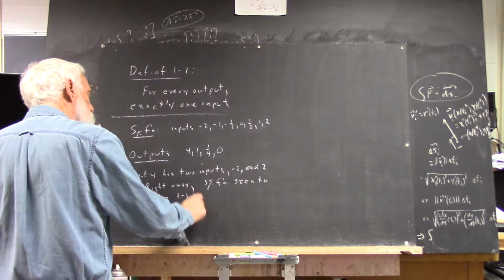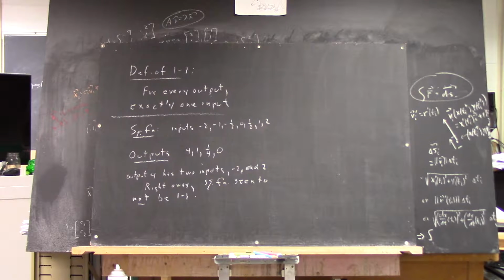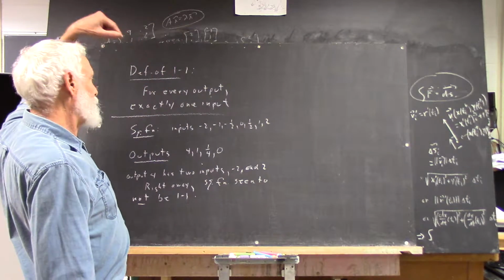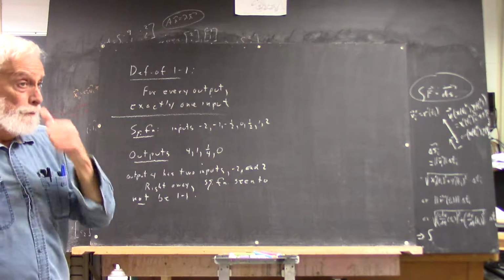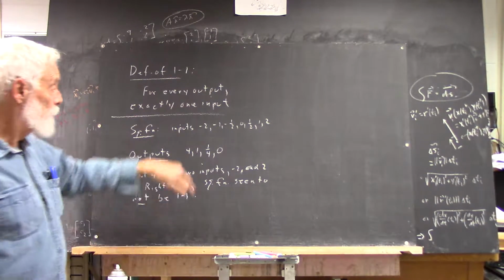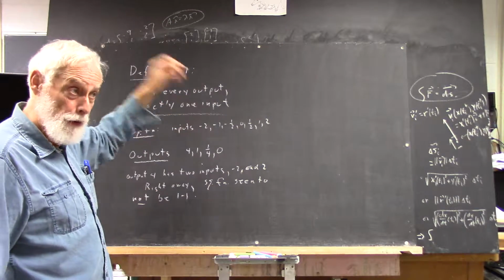It's seen to not be 1-to-1. Because in order to be 1-to-1, every output has to have exactly one input, and we just found an output that has 2. And of course we can say, well, 1, -1 and 1, 1/4, -1/2 and 1/2, okay?